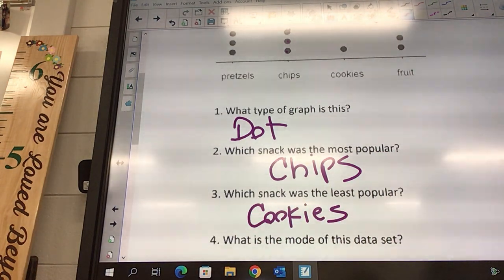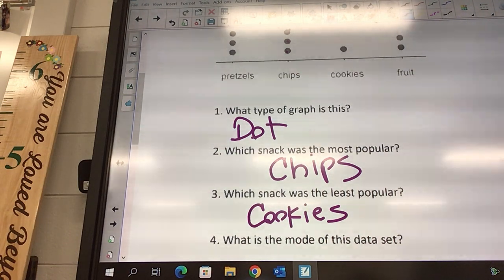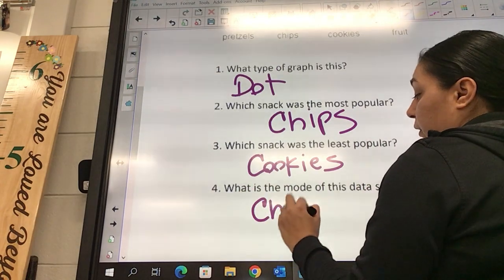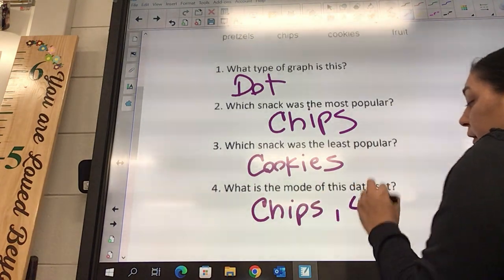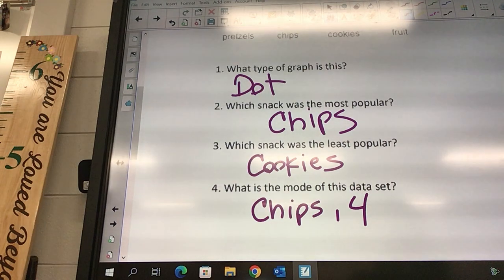What is the mode of this data set? All right. Chips with what? No, what is the mode? 4. Okay, so we got chips at 4. Either of those would work, as long as I know what you're talking about, okay?